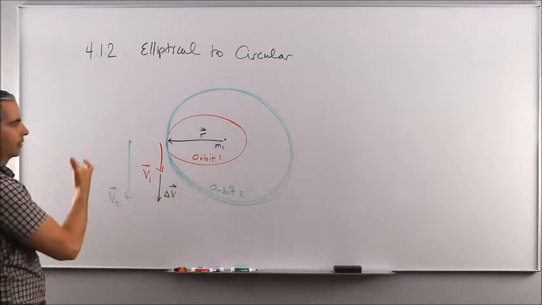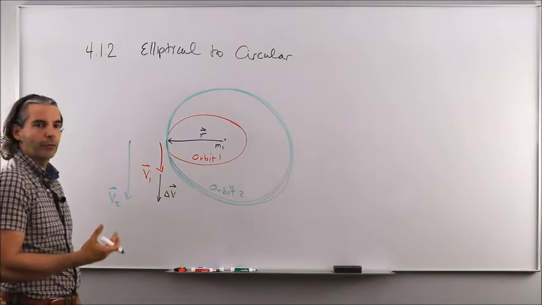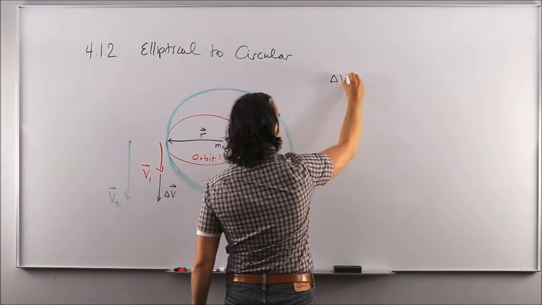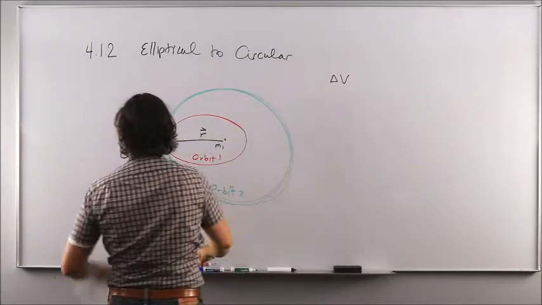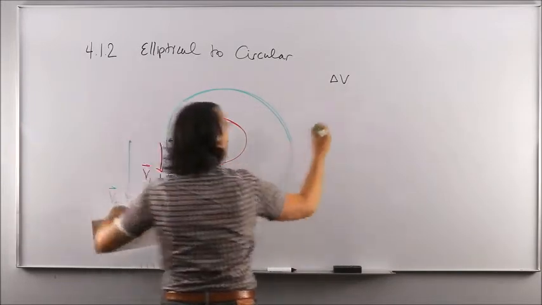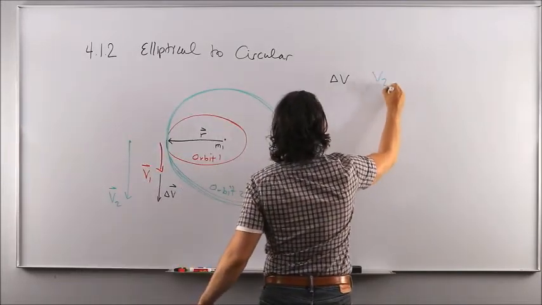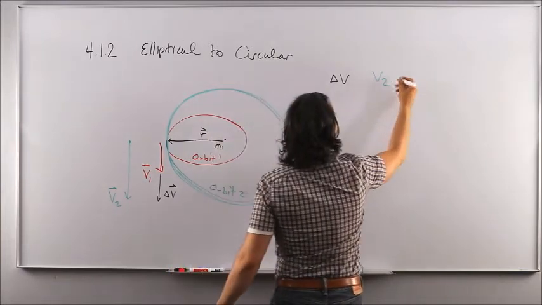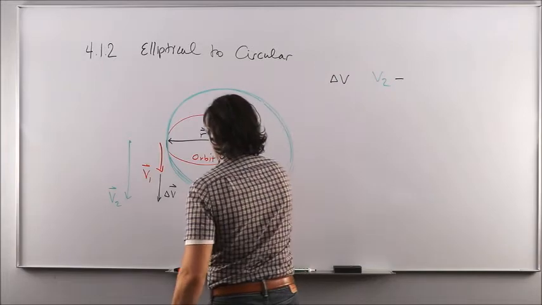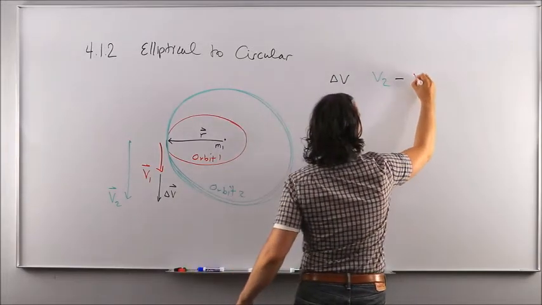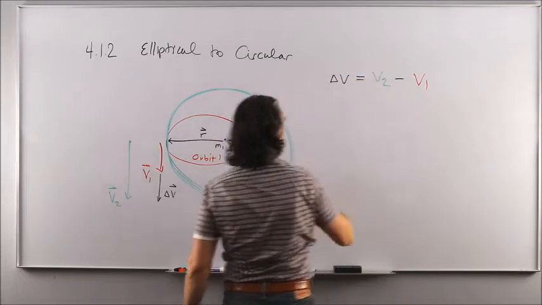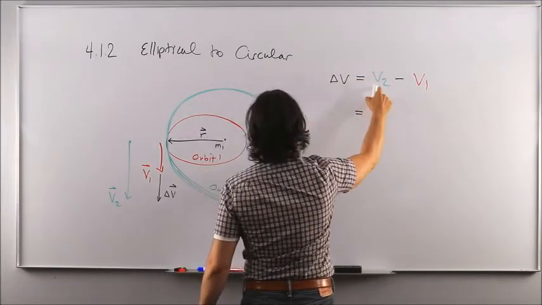And now, just based on doing a proper drawing, I have all the information I need to calculate delta V magnitude, which is going to be the larger speed, which is V2, minus the small one, V1, to really ensure that I end up with a positive number for delta V. What is V2?